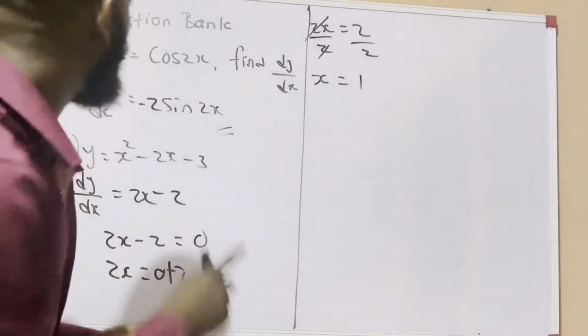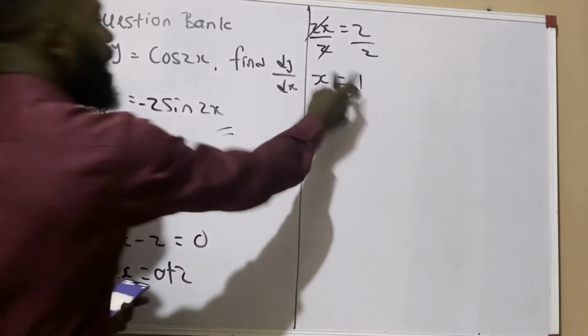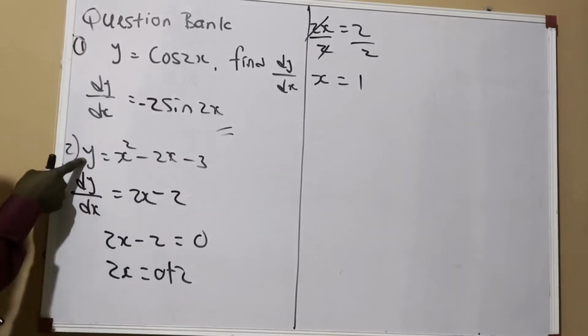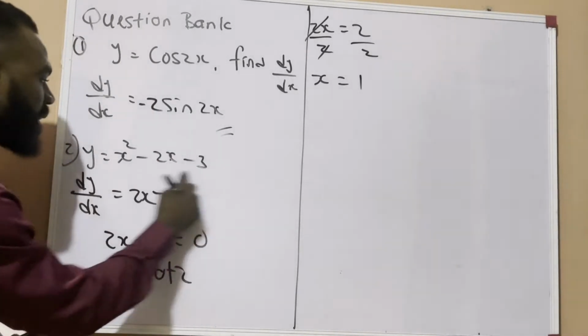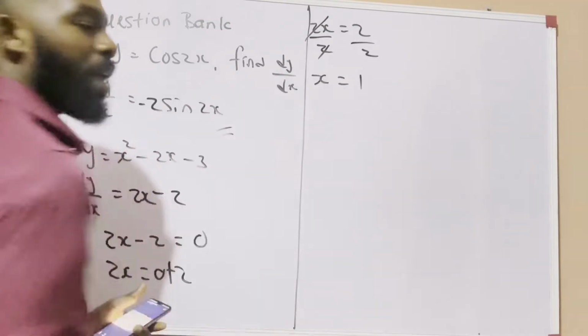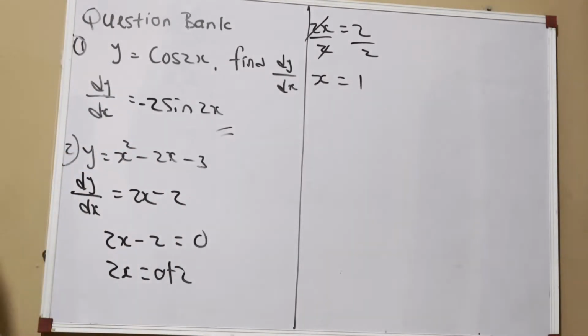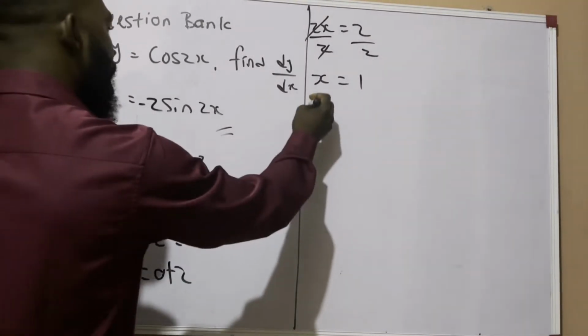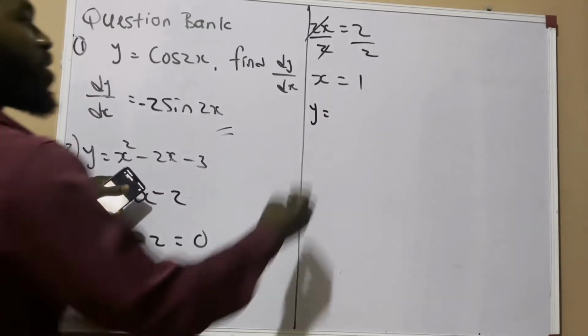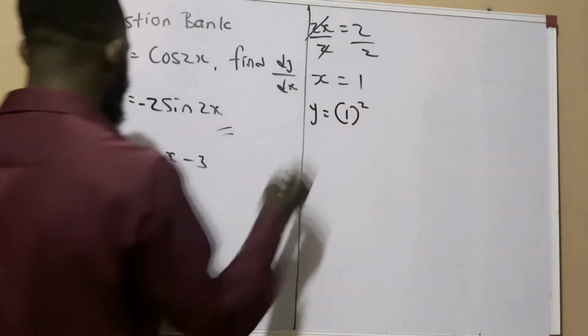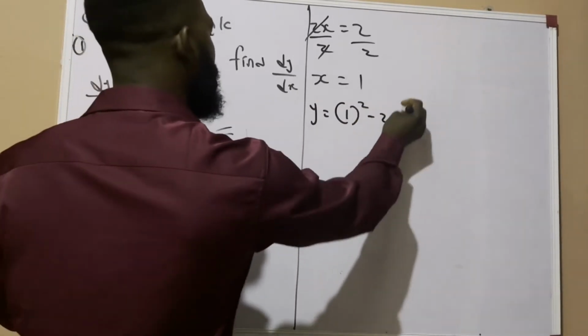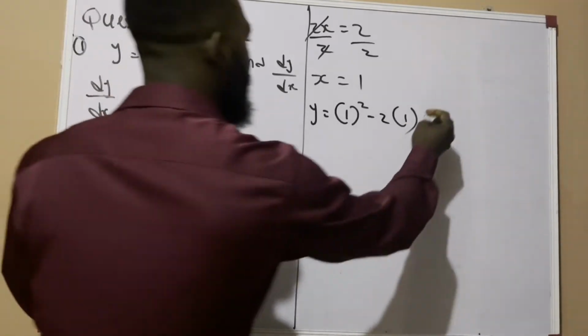So for us to get the value of y, anywhere we see x, we will substitute the value 1. So y is equal to, now x is 1, 1 raised to the power 2 minus 2 times 1 minus 3.